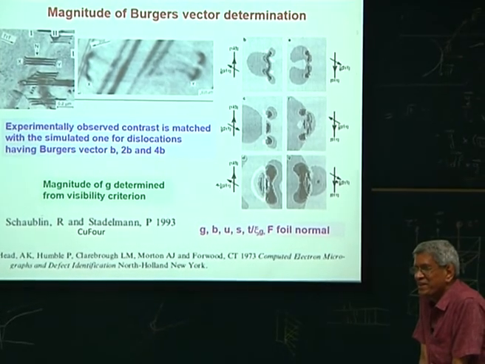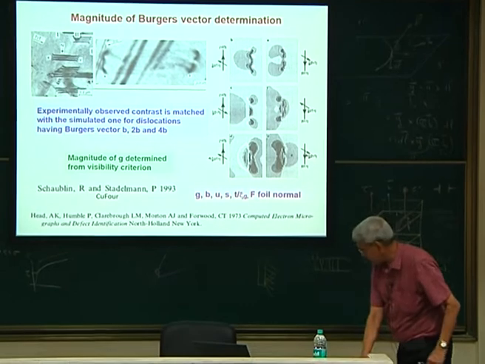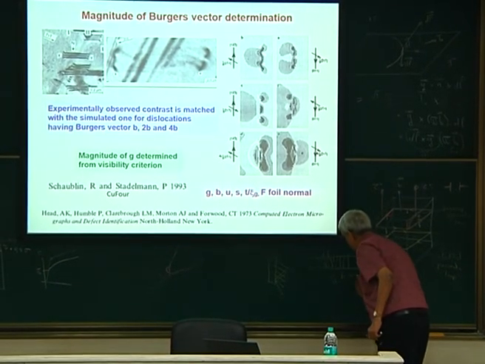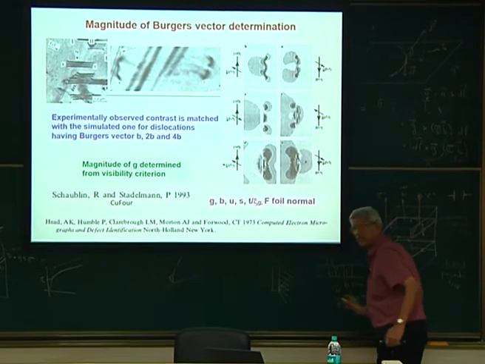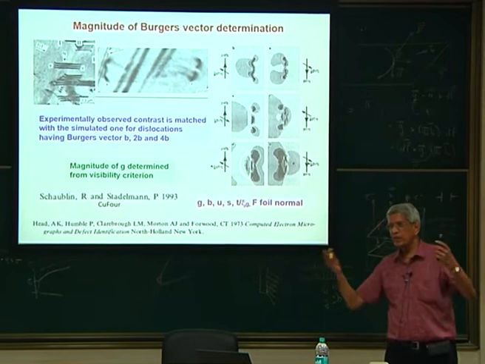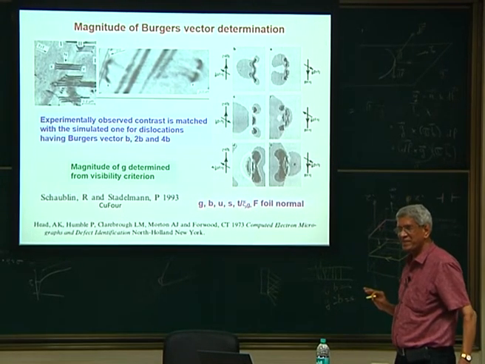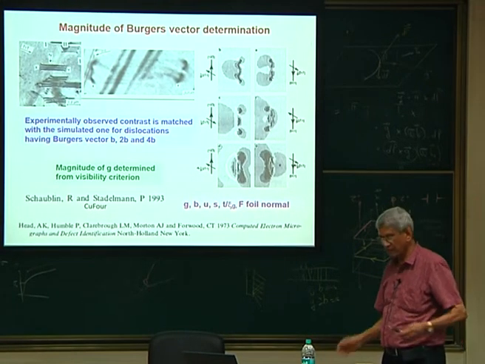If I use the g·b equals 0 condition, g·b is equal to 0, g·2b is also equal to 0, g·3b will also be equal to 0. From this condition you can't make out what b is. We can say this is the direction of b, but the magnitude cannot be obtained. That happens in many cases.